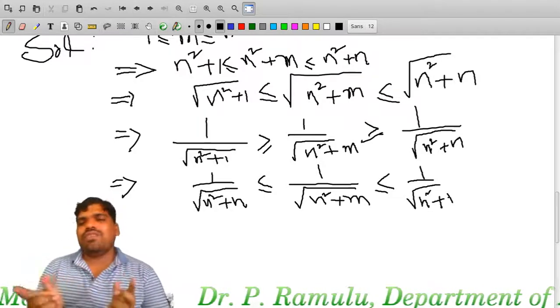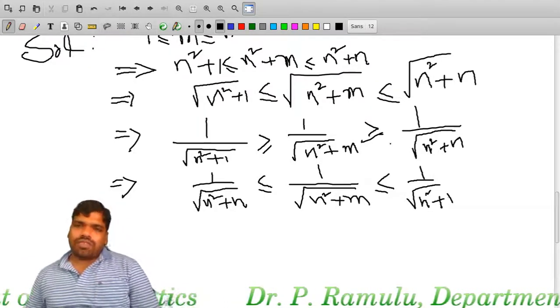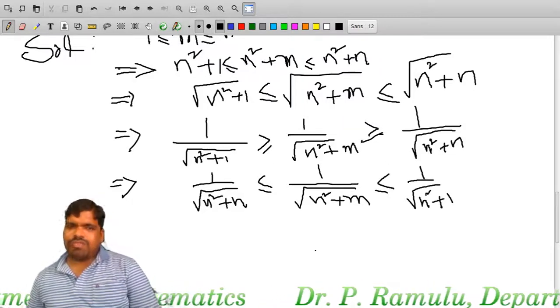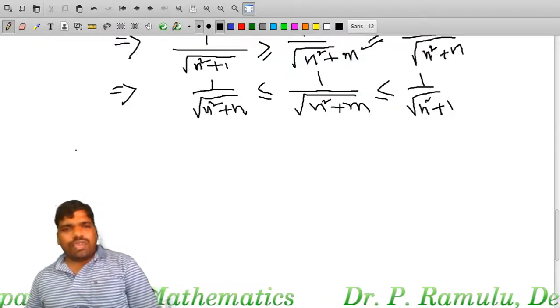So this sign will change. Either this comes to this side or that comes to this side, the sign also changes, both will be the same. Right? So I am putting m is equal to 1.